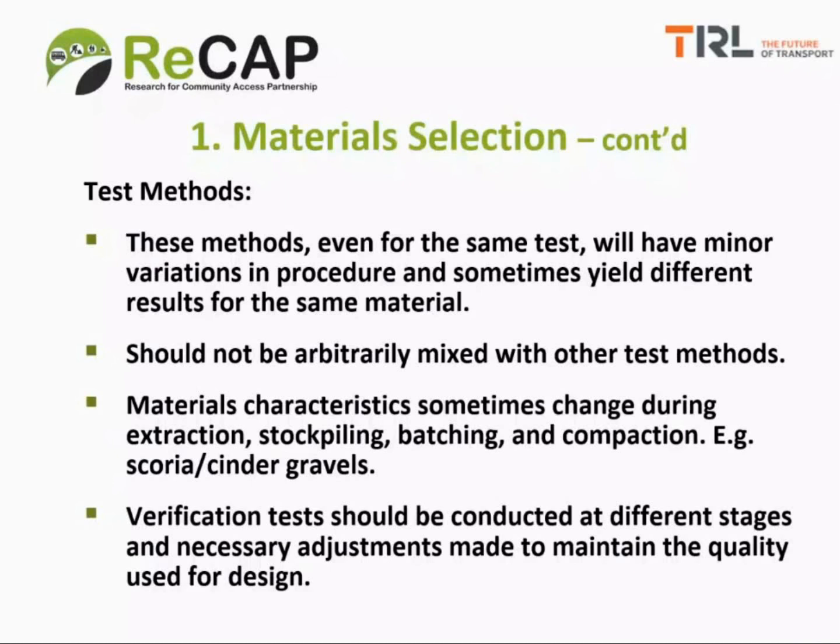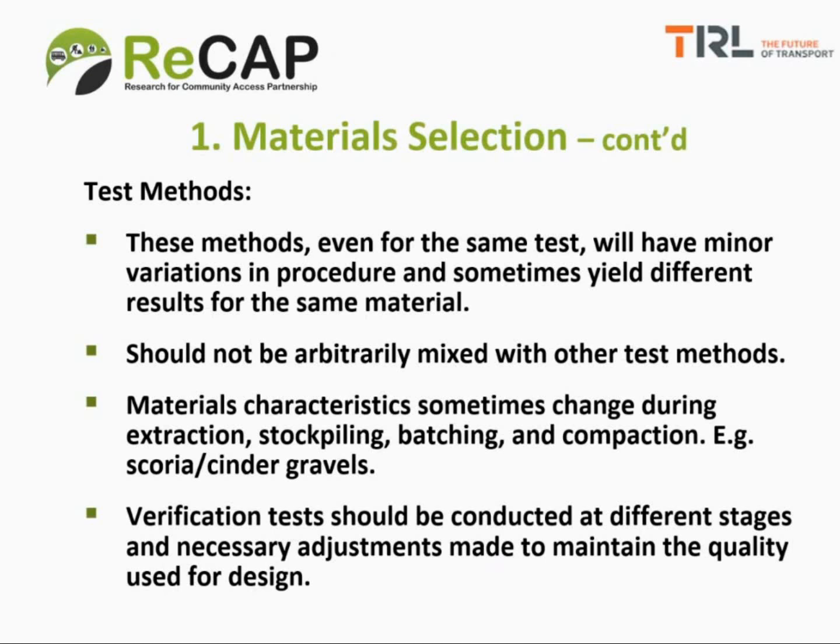Now, these methods, even for the same test, will have minor variations in procedure. These minor variations in procedure can sometimes yield different results for the same material, and therefore you should not use or mix these test methods arbitrarily.